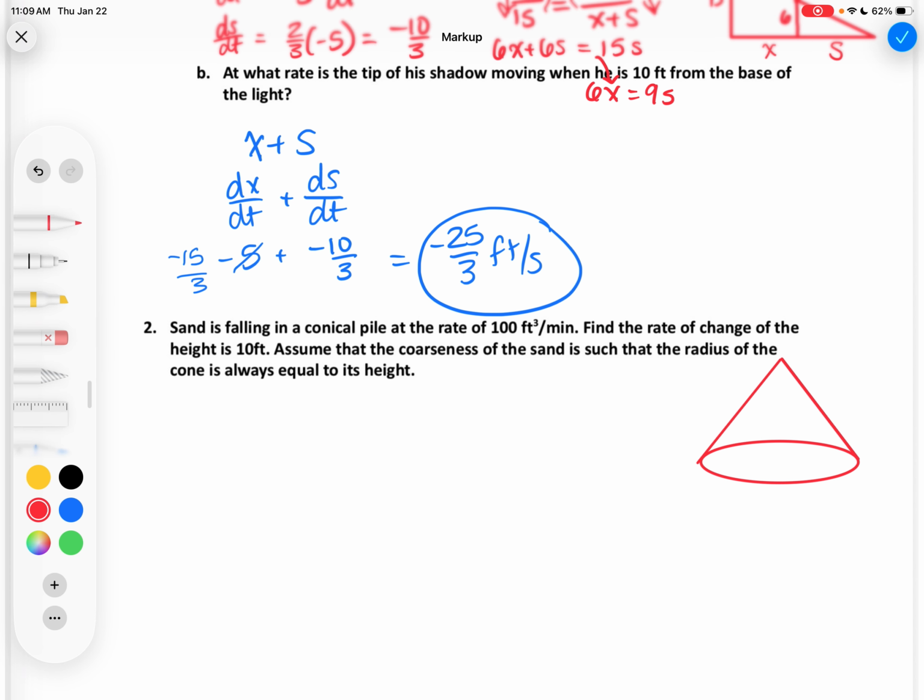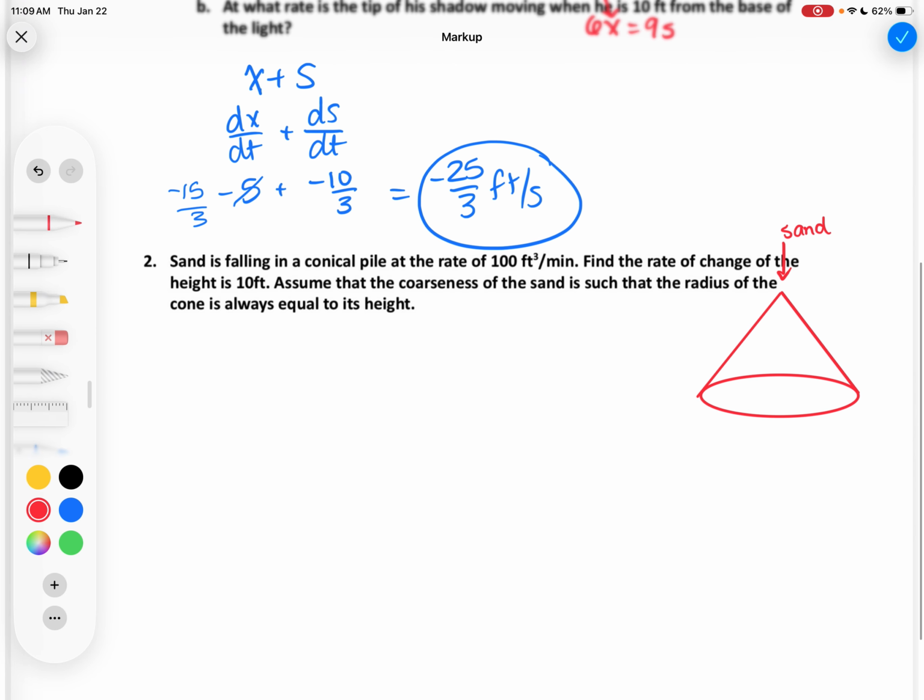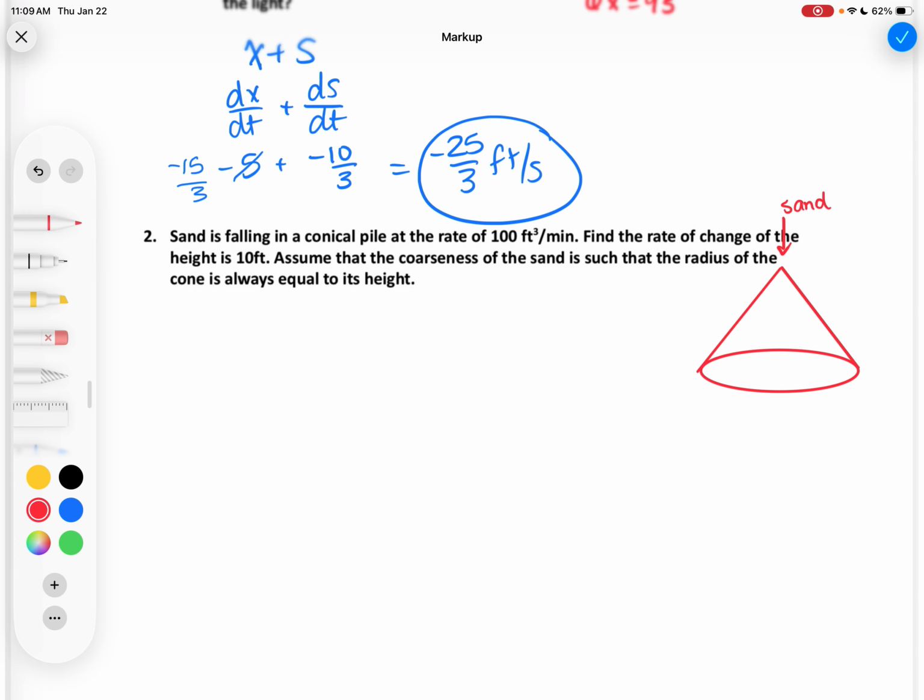So I've got my conical pile here. I've got basically sand being poured onto the pile. And so I'm going to go ahead and set up the things that I'm finding, and then we'll go from there. So I know that I'm dealing with basically the volume of it, since it's like a cone and a pile of it.